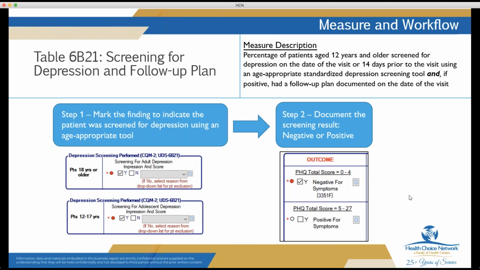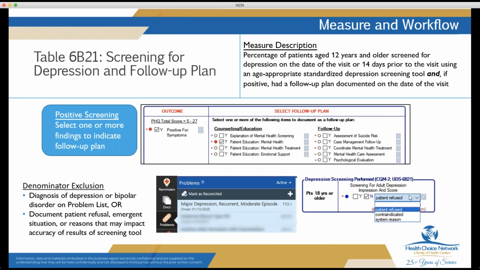But if it's positive, then of course, there's different documentation that you could do for follow-up. Now, this section on this form, we've designed it to give you a lot of different options that you can choose from, but you need to at least select one item. It could be one or many, but you have to at least select one if follow-up is to be documented.